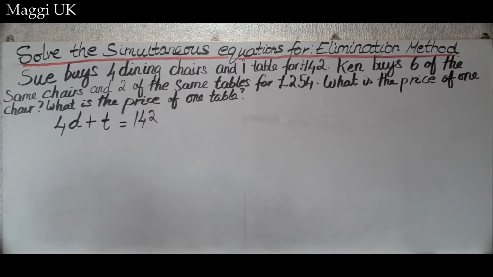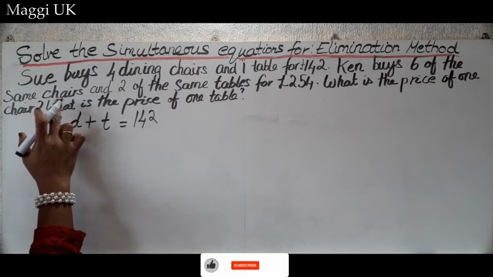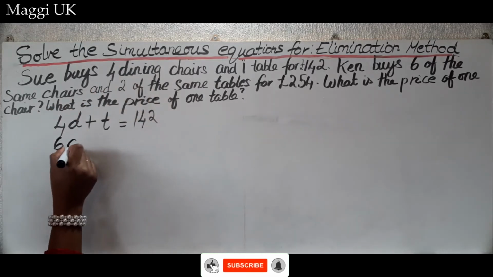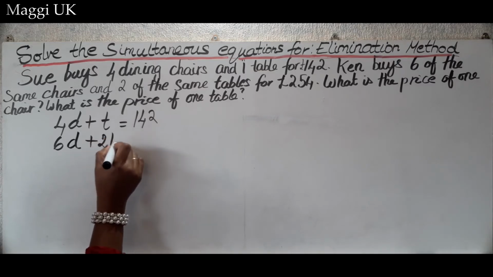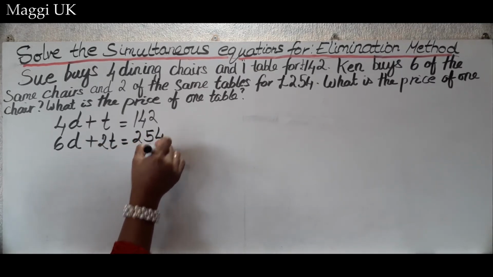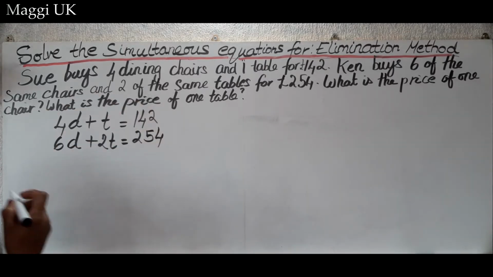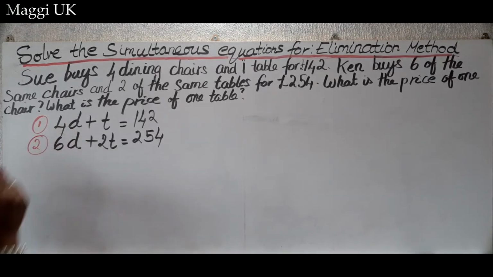The next person, Ken, buys 6 of the same chair, again D, plus 2 of the same table, so 2T, which is equal to 254. So now we got the equations. That's your first equation, and this is your second equation.